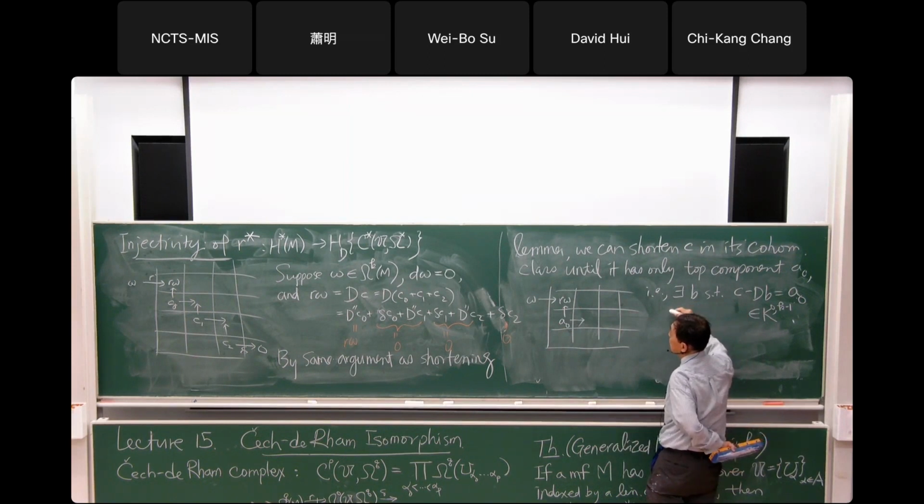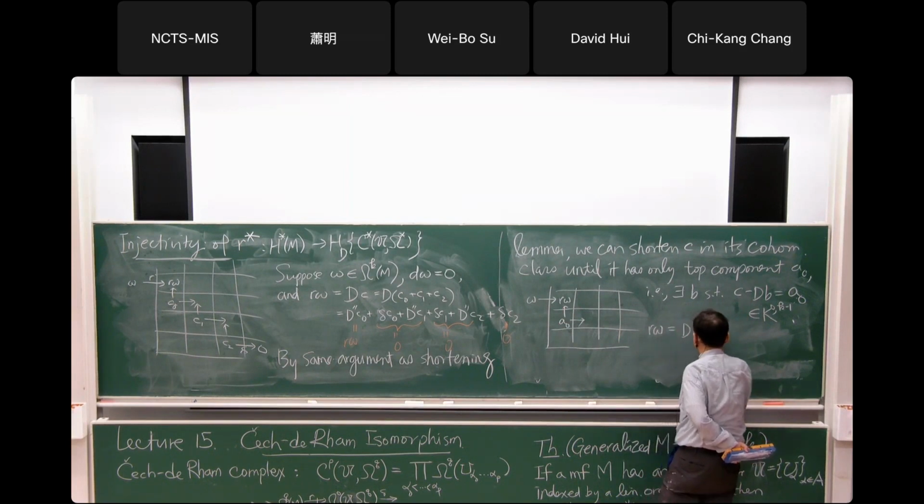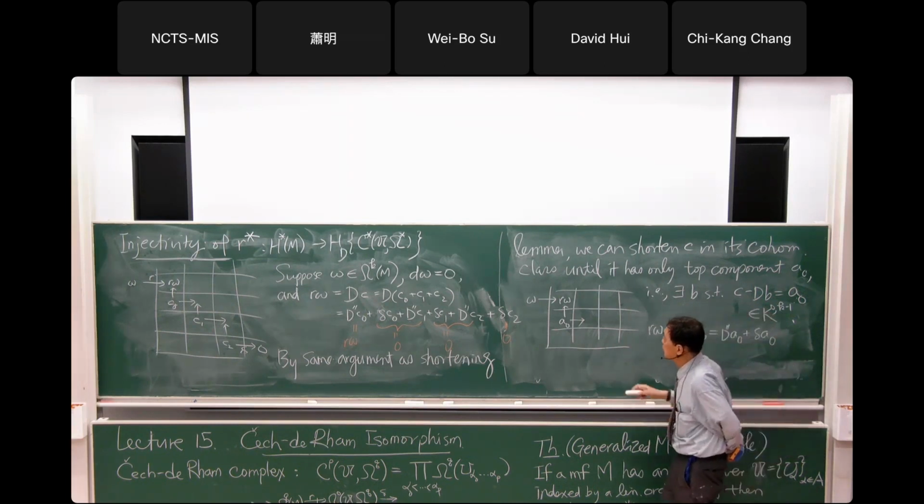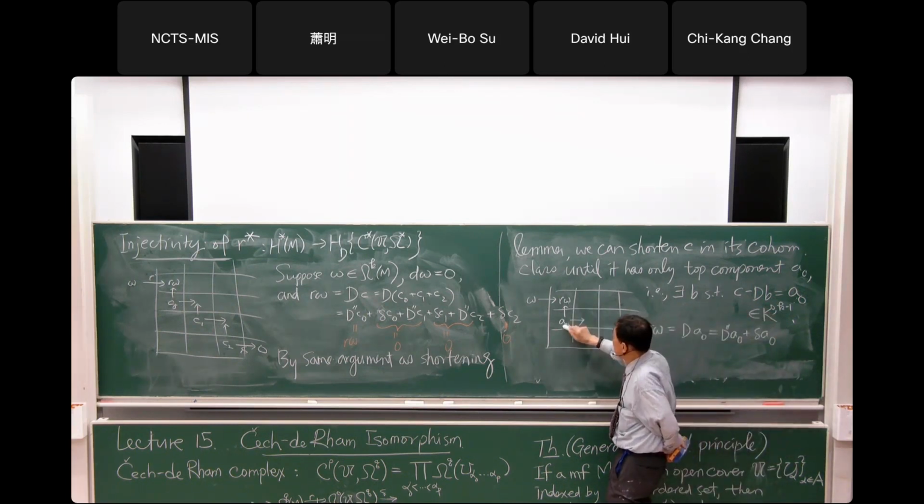So R omega is dA0, and that's d double prime A0 plus delta A0. If you just look at the picture, you see that d of A0 has to be R omega.